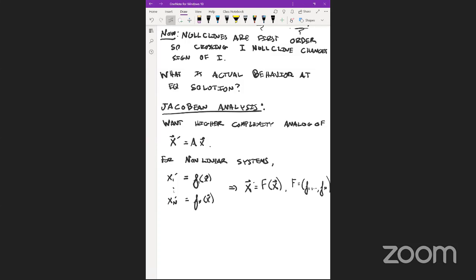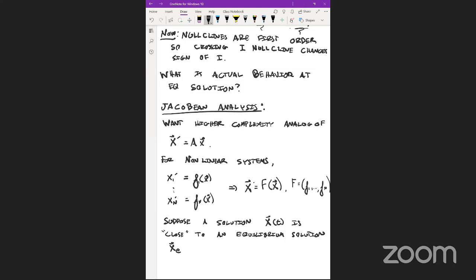So suppose that a solution x of t is close to an equilibrium solution. We'll call that equilibrium solution x sub e.